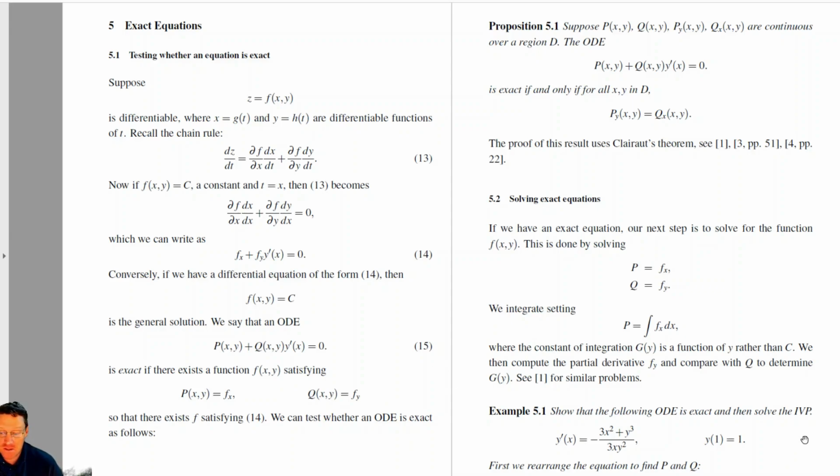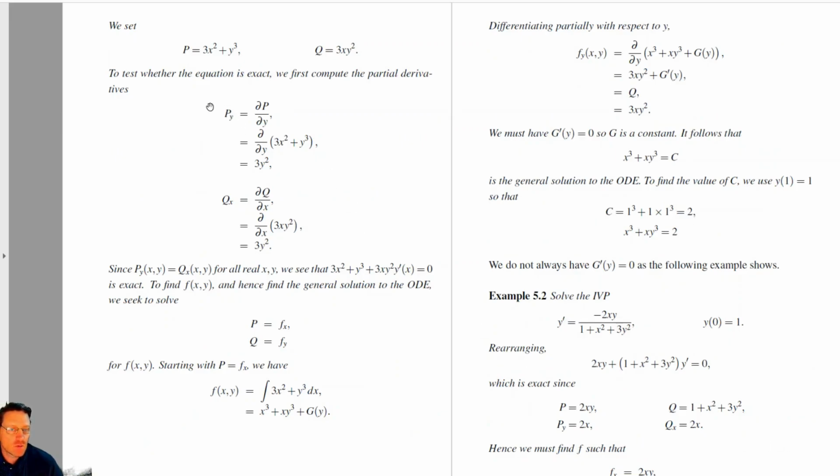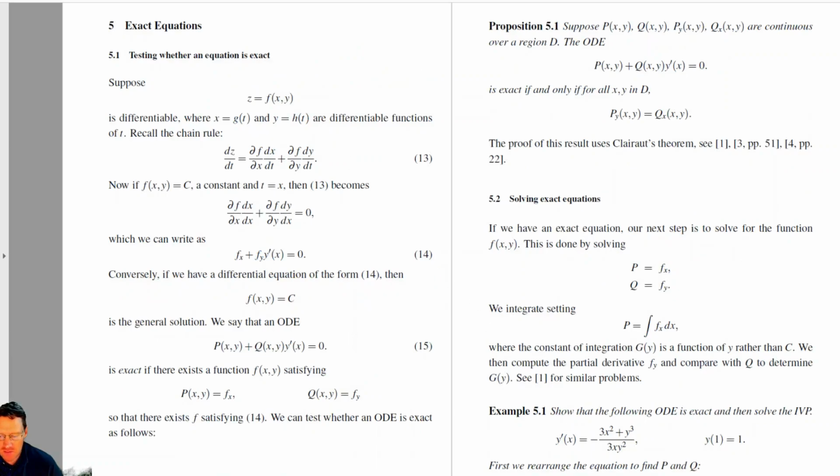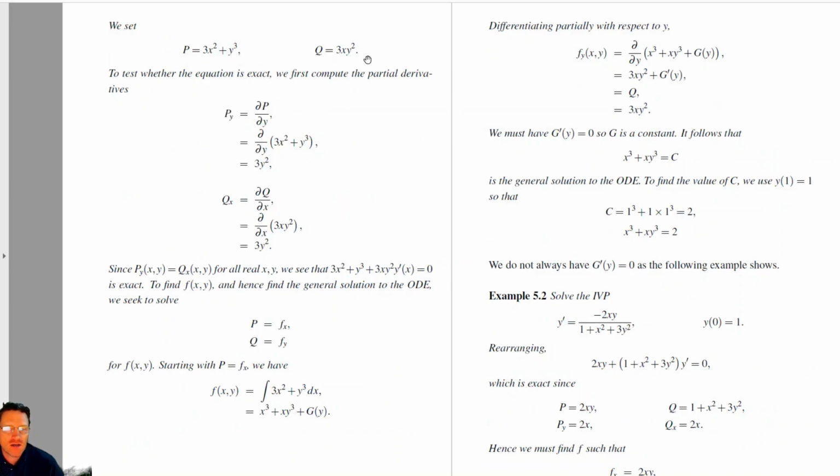So let's go ahead and do that. We set p equal to 3x squared plus y cubed, which is what we have here on the bottom left in the position of p, where we see equation 15, and then q will be 3xy squared, which is next to y dash. Okay, so we have that.